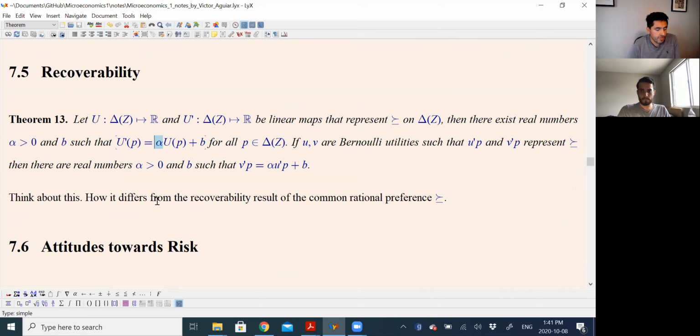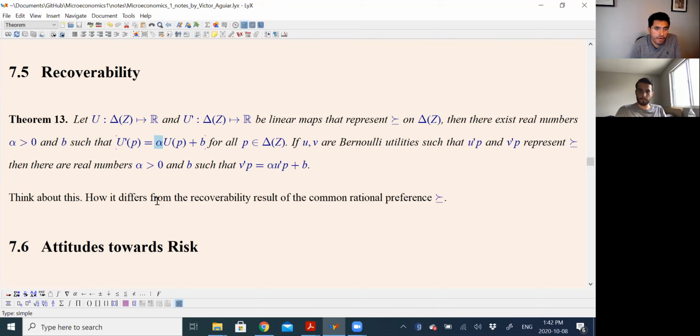So positive affine transformations will still preserve this finite structure that we showed before, and also this means that basically, up to 2 parameters, if you normalize 2 lotteries and their utilities, you can get actual utilities, right? So things that you can compare among individuals.